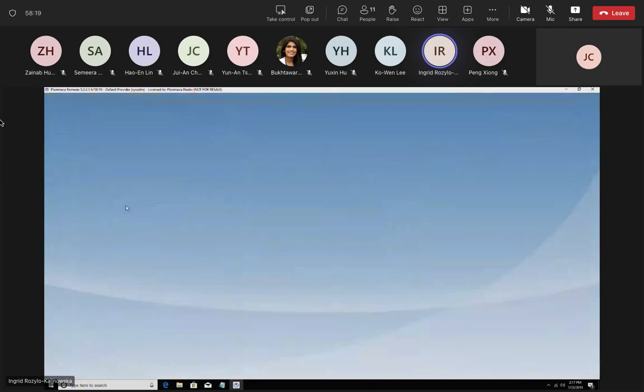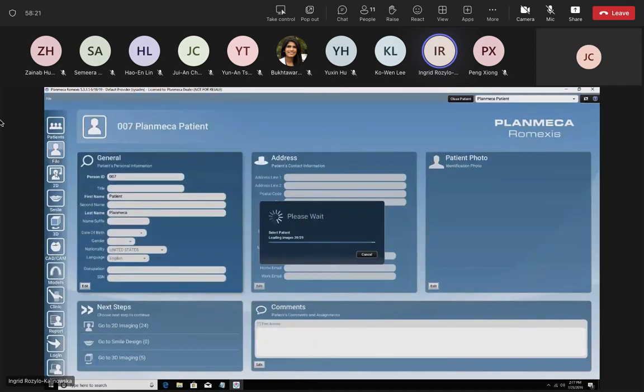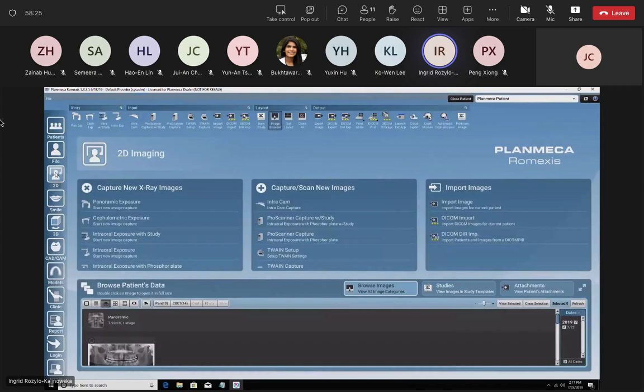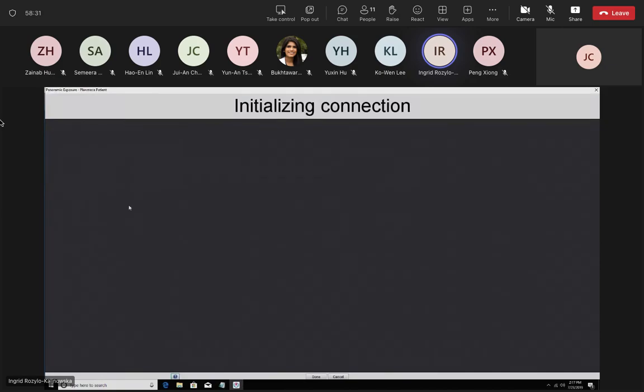Select 2D module from the menu on the left, or choose Go to 2D Imaging from Next Steps, located on the bottom left of the patient dashboard. Select Panoramic Exposure from the 2D Imaging dashboard, or from the top drop-down menu. Once computers show Waiting for Ready, walk over to the touchpad on the Planmeca ProMax X-ray unit.